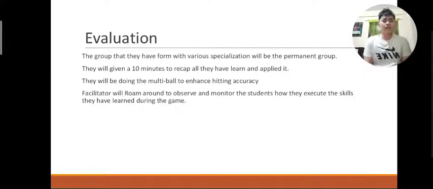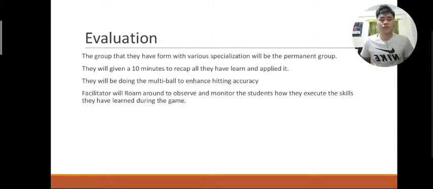So now the evaluation. The groups that have been formed with various specializations will become permanent groups, and each group will be given 10 minutes to recap what they have learned and apply it.